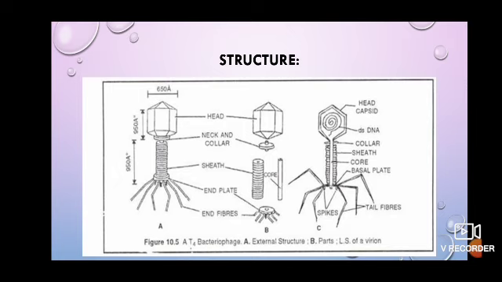Then from the upper surface of the basal plate, there arise 6 long flexible tail fibers, also called caudal fibers. They help in adsorption, the attachment of the bacteriophage to the host E. coli cell, Escherichia coli cell.